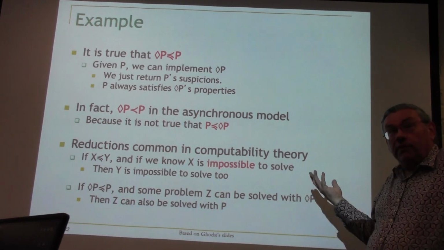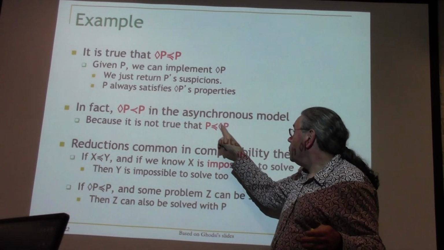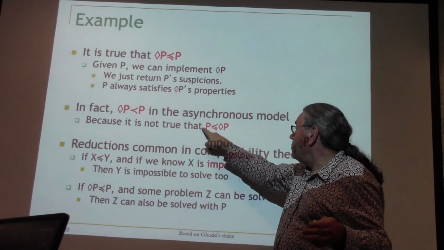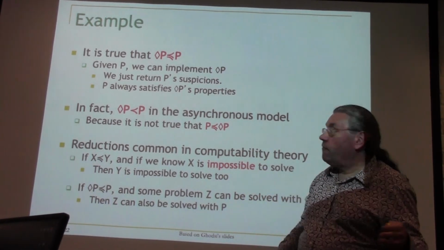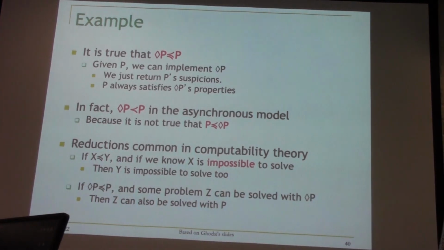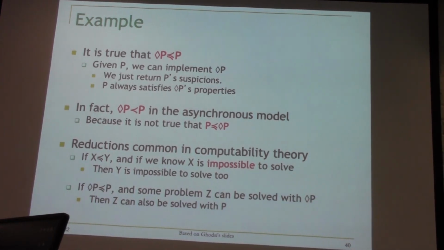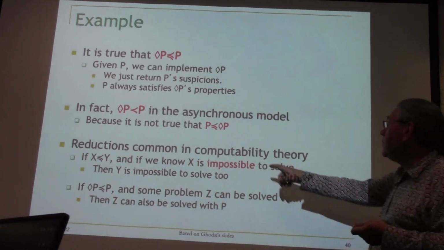We don't know that they're mistakes. So it's not possible to implement P when you have eventually P. In the asynchronous model. In the synchronous model, maybe, but not in the asynchronous.